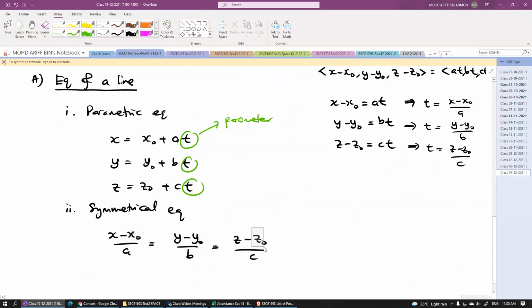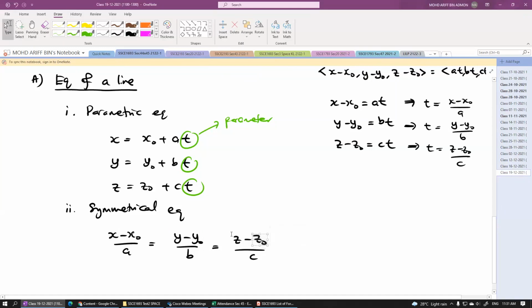Most importantly, for the symmetrical equation the sign is x minus, so x must have a coefficient of positive 1. The same goes for y and z. If the equation given in the question is not positive z, for example they put 2z, you have to make it positive 1z. In other words, you have to factorize the 2, then you get z minus another number, which is your z naught.